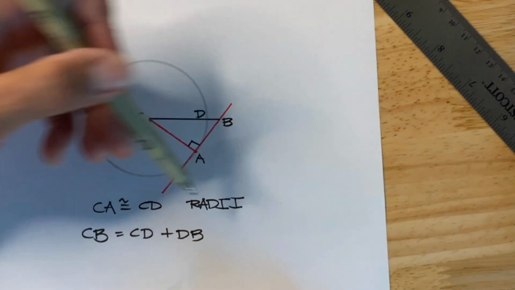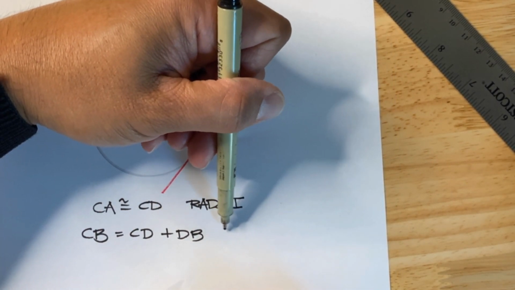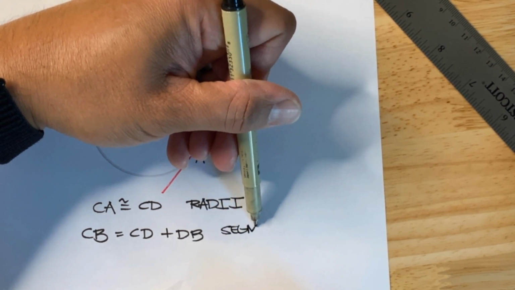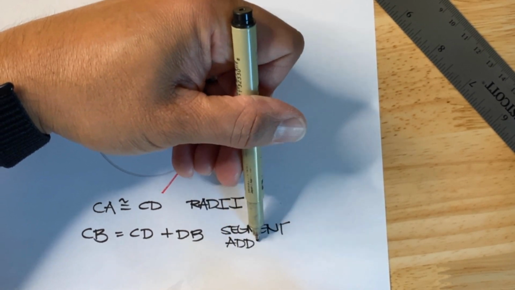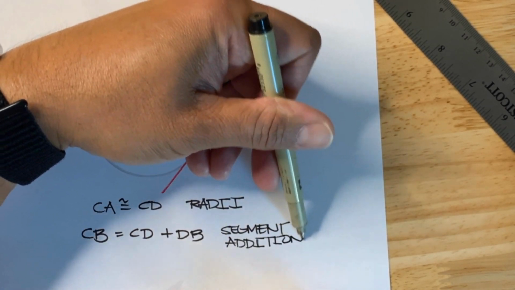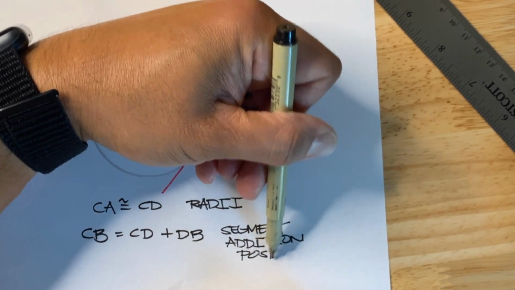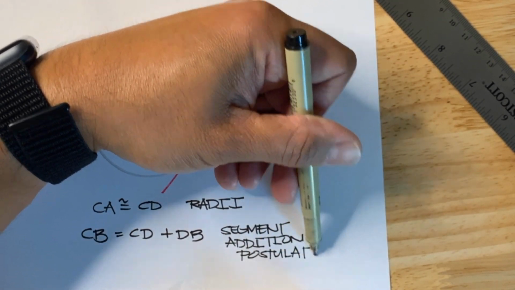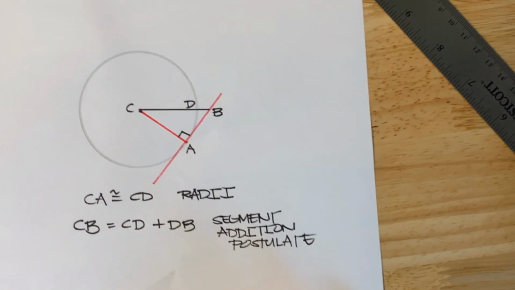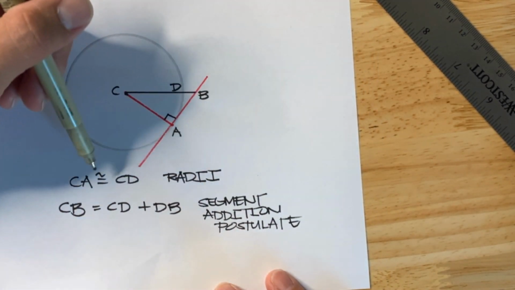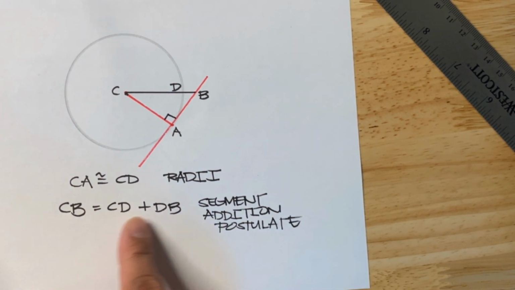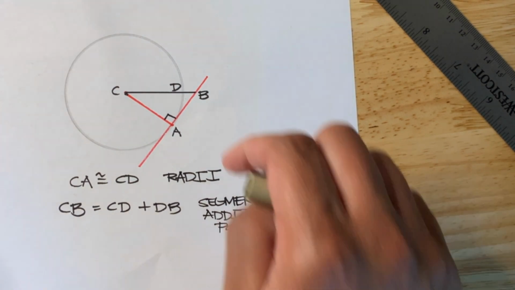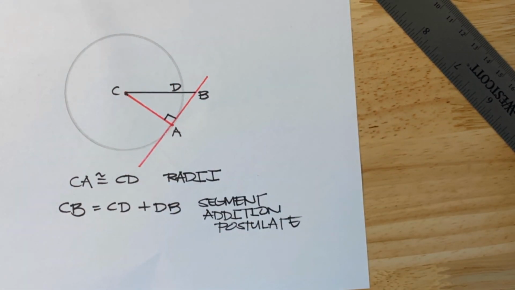And you could say, if you want a reason, segment addition postulate in our 2-column proof. If we're doing this 2-column proof with a statement and reason, so these two are congruent because of radii. CB is equal to CD plus DB because we're just adding segments to make a full segment.